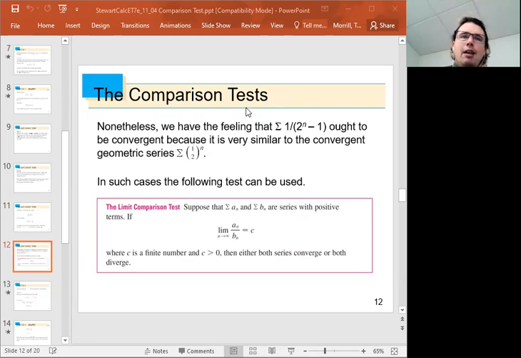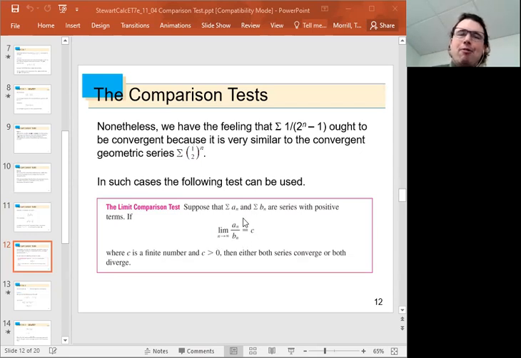So if we have two different series, usually a sub n will be a series that we already know, and b sub n is going to be some other series that we don't know yet. What we're going to do is take a quotient of the terms of one of the series divided by the terms of the other series, and take the limit as n goes to infinity.